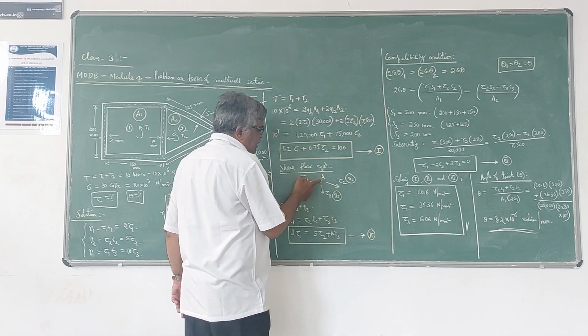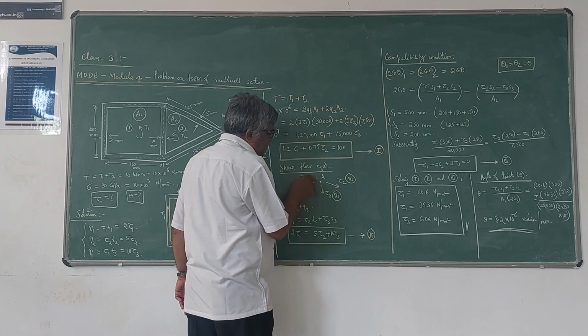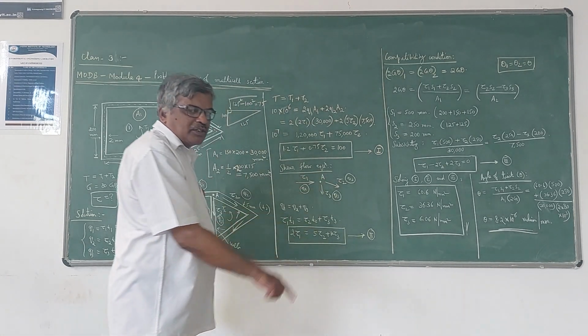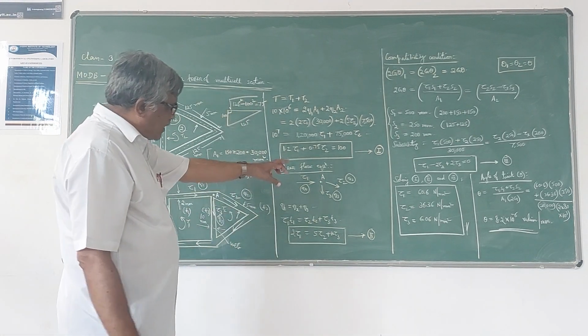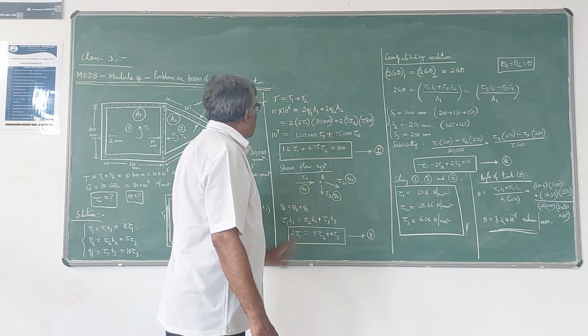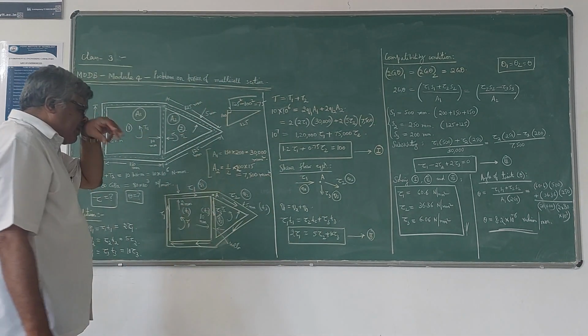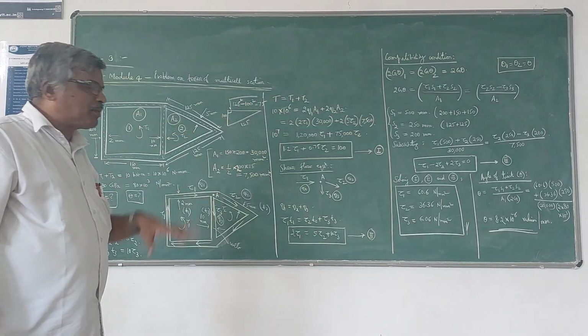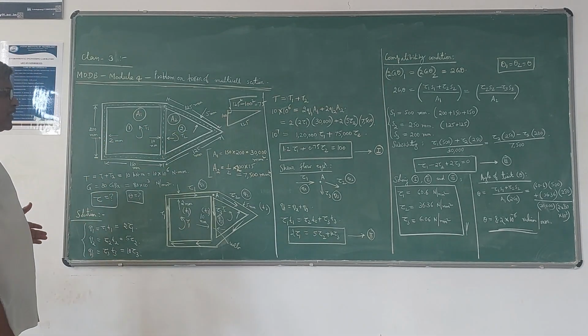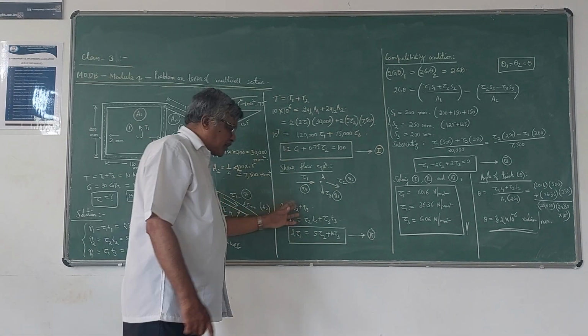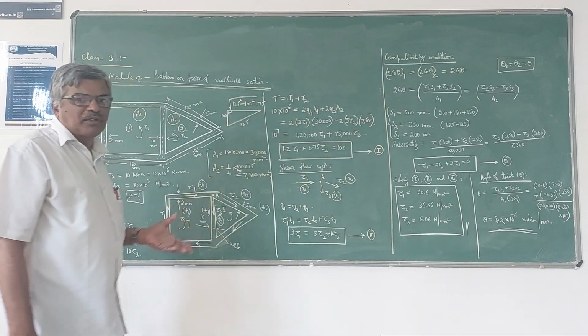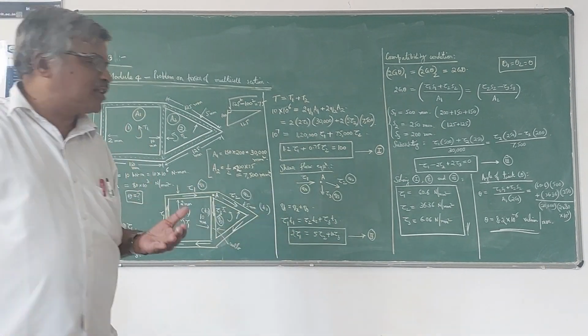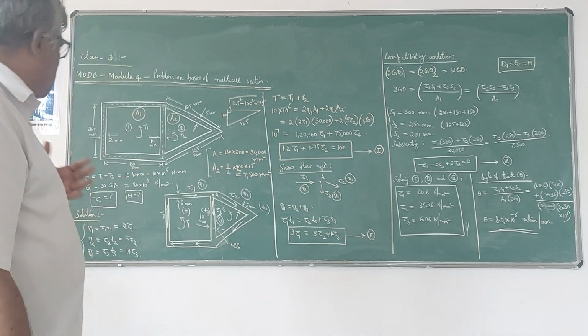So the total q1 is split into shear flows in the second and third one, that is q2 plus q3. So that is one equation. The first equation is T is equal to T1 plus T2. The second equation is q1 is equal to q2 plus q3. Using those two equations, we can get the relationship between τ1, τ2 and τ3.